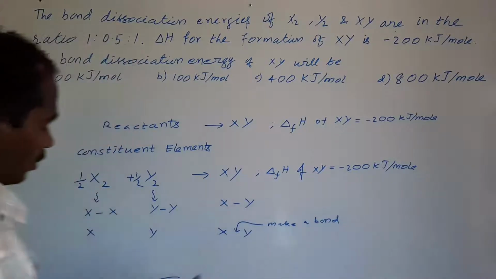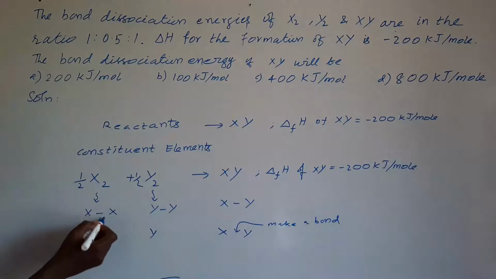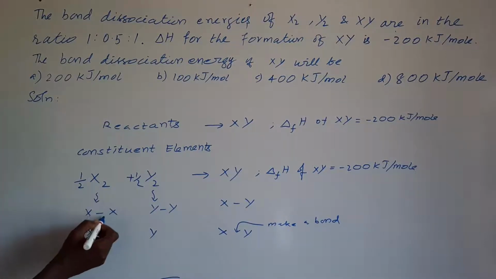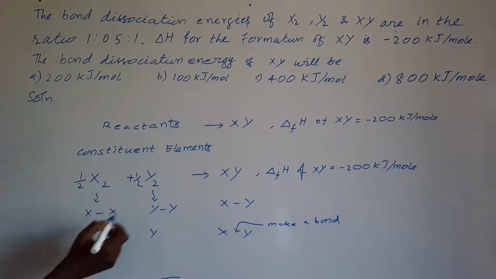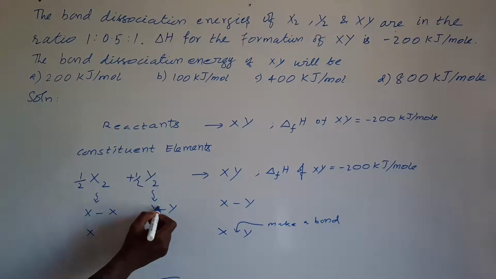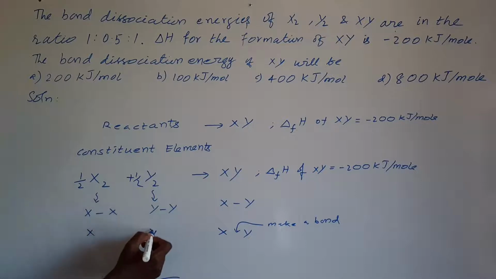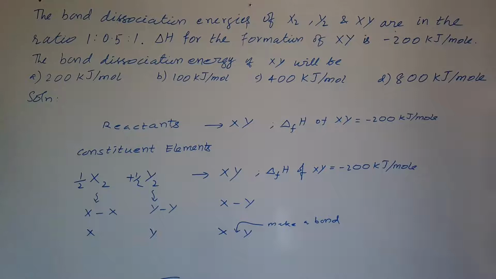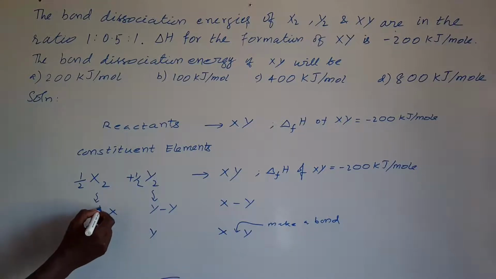What should happen to this bond such that X will get free? Similarly, what should happen to this bond such that Y will be free, then X and Y will make a bond? This indicates that we have to break this bond.